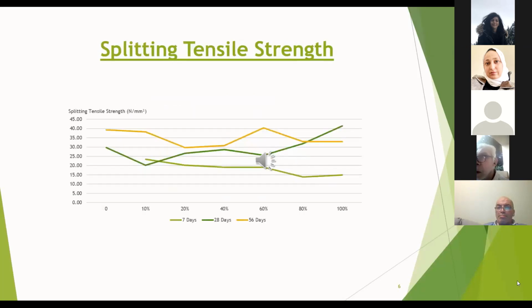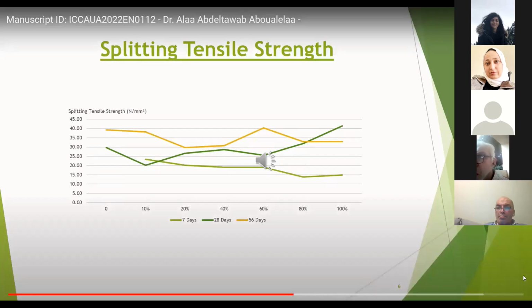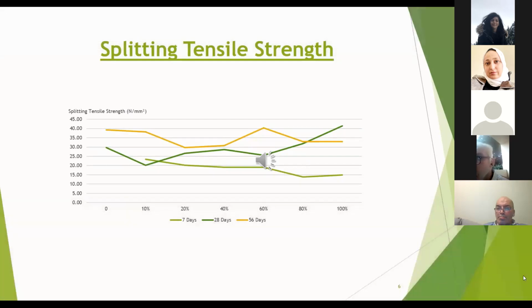This curve showed the relation between splitting tensile strength and the percentage of replacement of fine aggregate with iron slag at 7 days, 28 days, and 56 days.